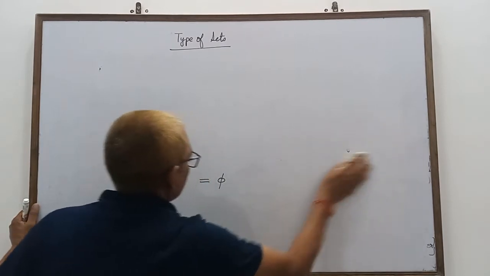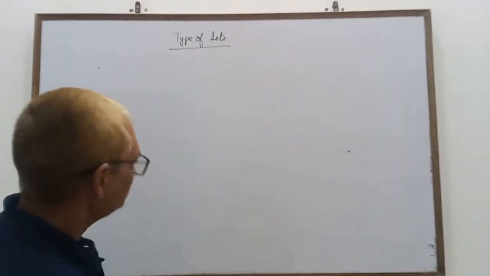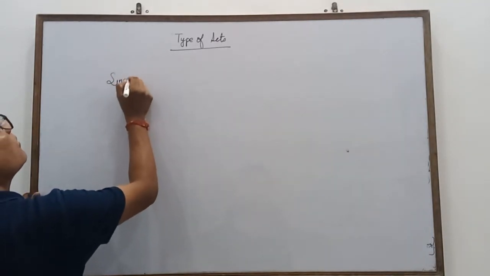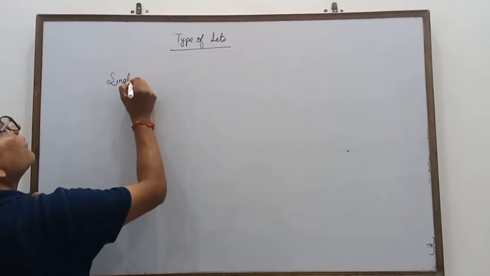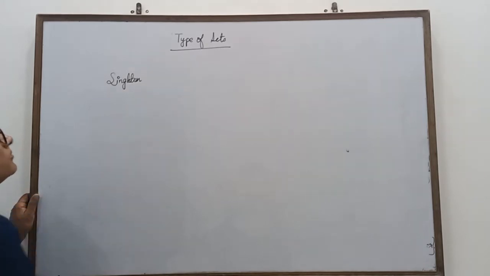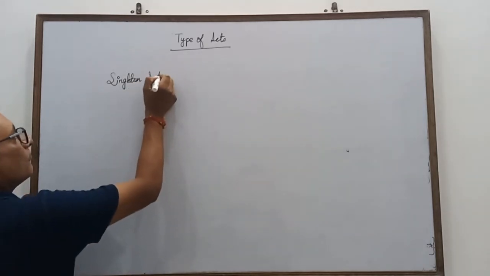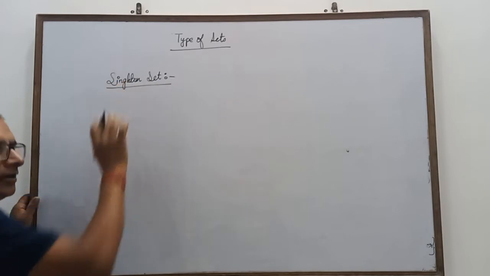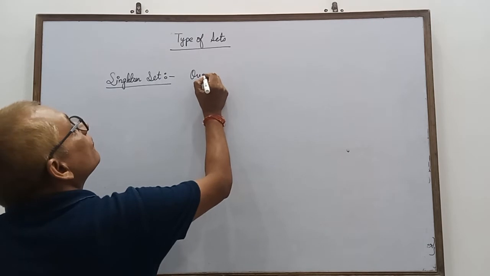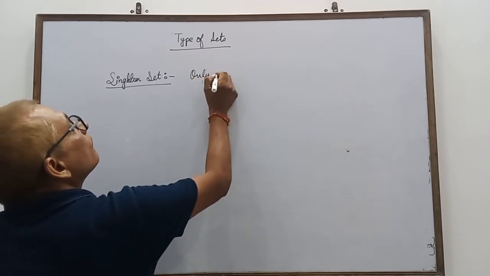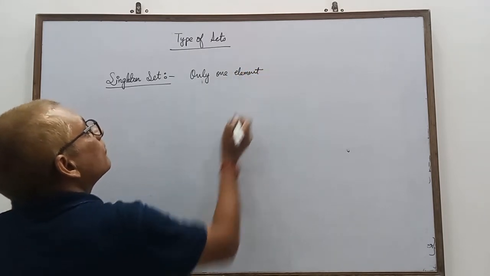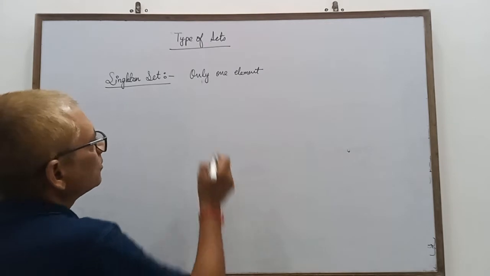Second, if there is one element, it is called a singleton set. Only one element is available. That is called a singleton set.